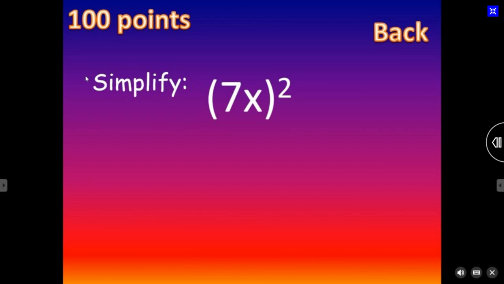So that's 7 to the 1 times 2, and x to the 1 times 2. So how should that look? 49 or 7 to the second. Either way, 7 to the second or 49. That's problem 5.